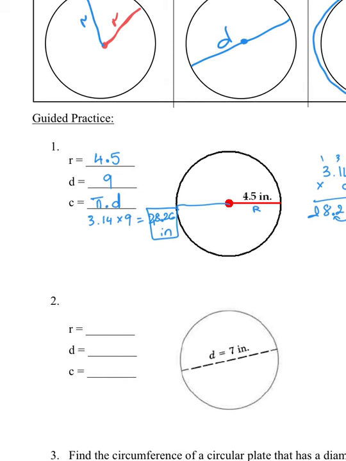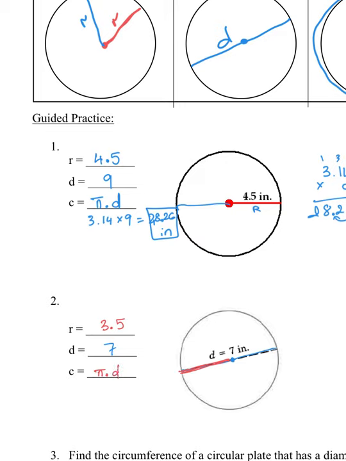Number 2, they gave you the diameter. D is diameter, the distance across the circle through the center. If the diameter is 7, the radius is half of it, so the radius will be 3.5. And for circumference, we use the formula pi times diameter.